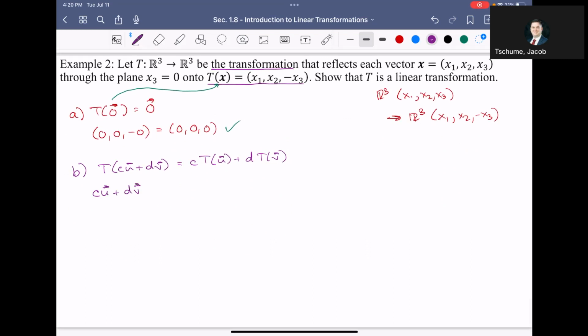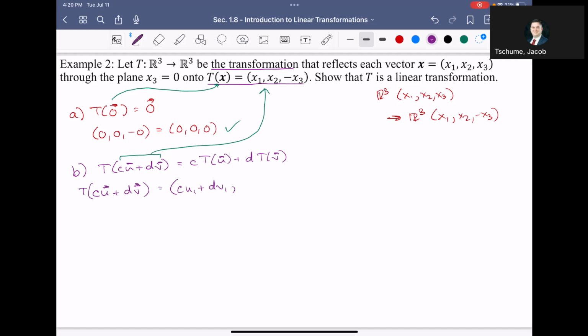Let's start with cu plus dv, just the inside part. If we apply this definition to your T of x, you're replacing all those entries with that element. So T of cu plus dv is going to equal, for x1, c times u1 plus d times v1.